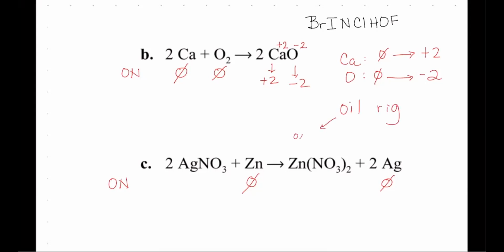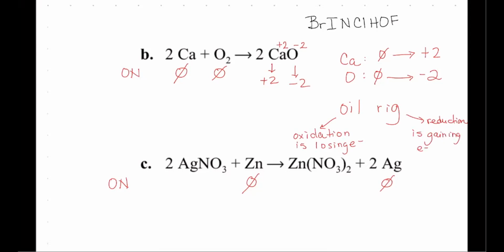OIL RIG: oxidation is losing electrons, reduction is gaining electrons.